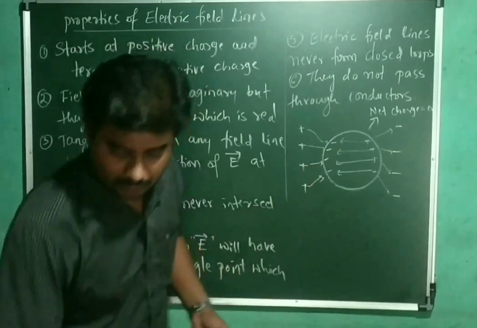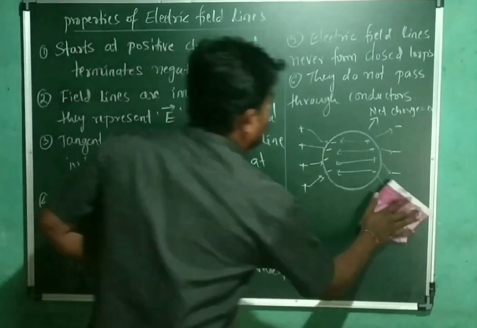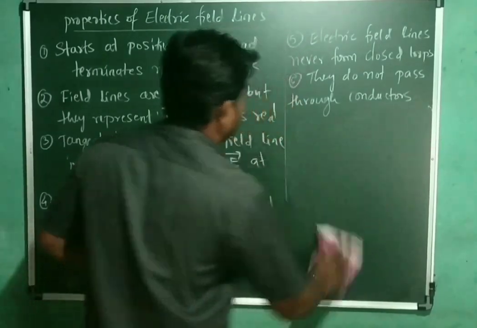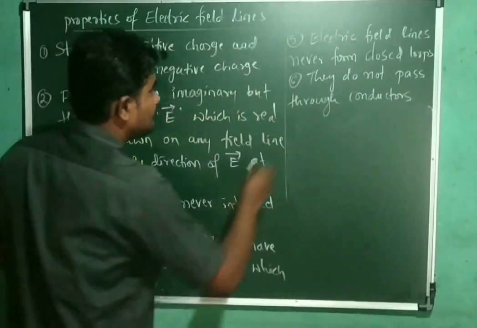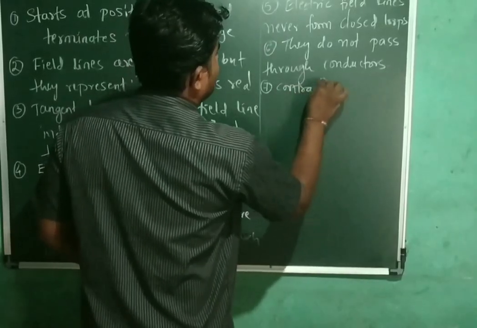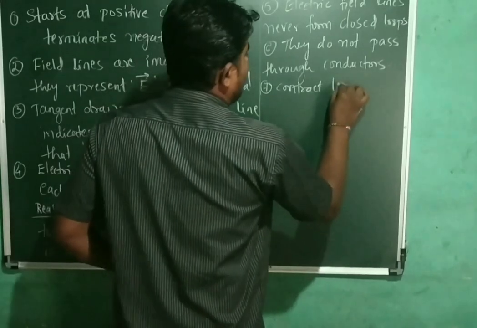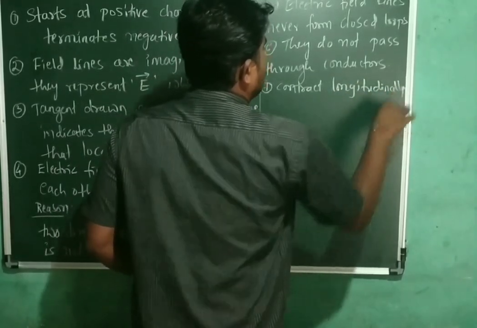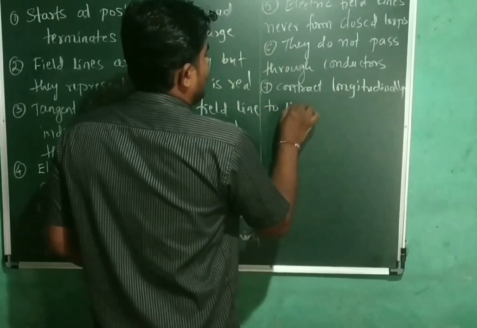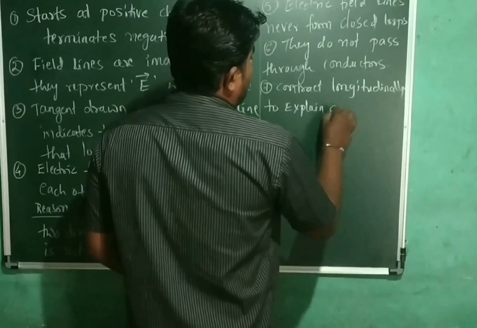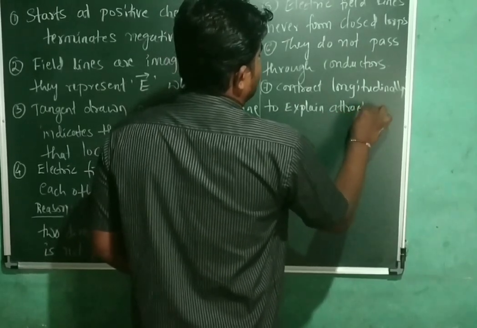Understood? Next property, seventh one: they contract longitudinally to explain attraction between unlike charges.